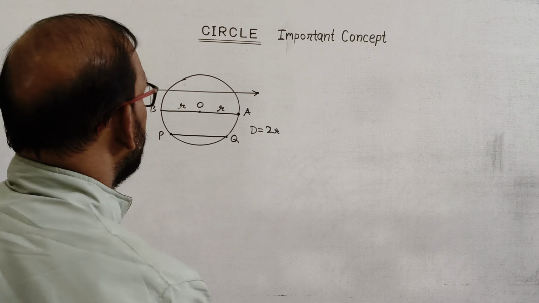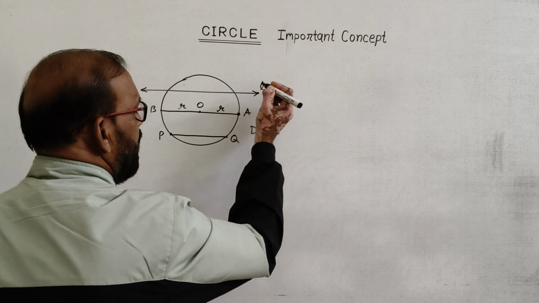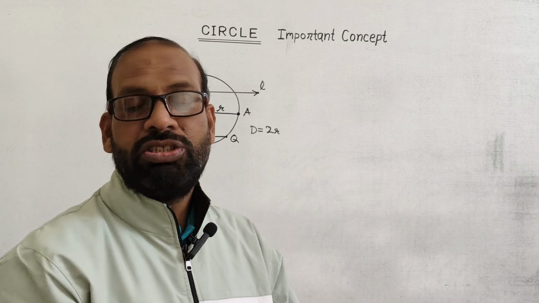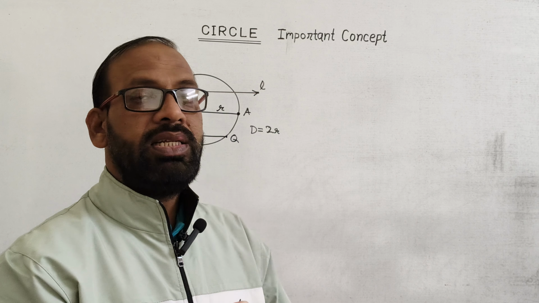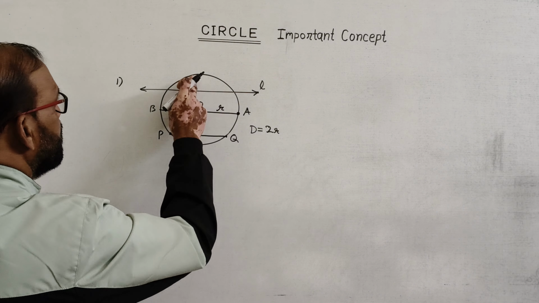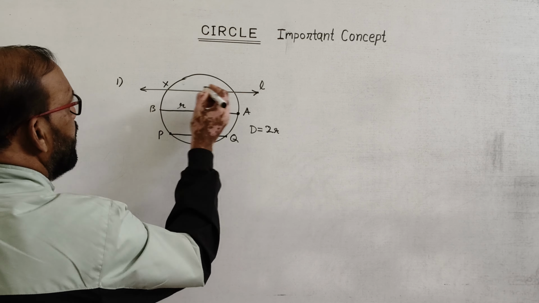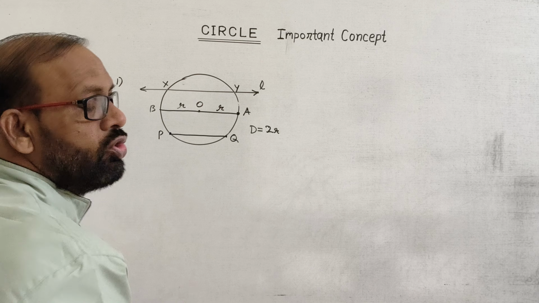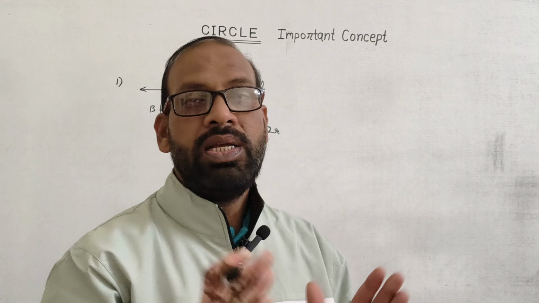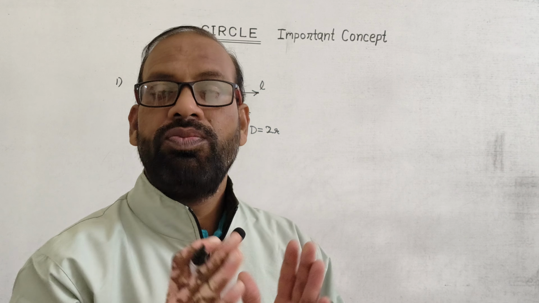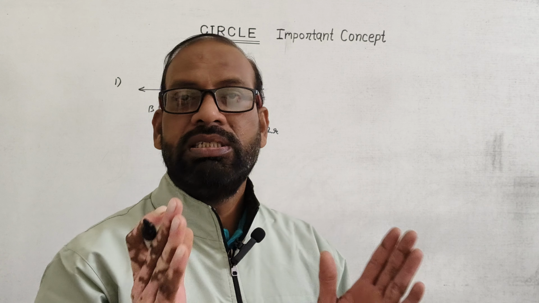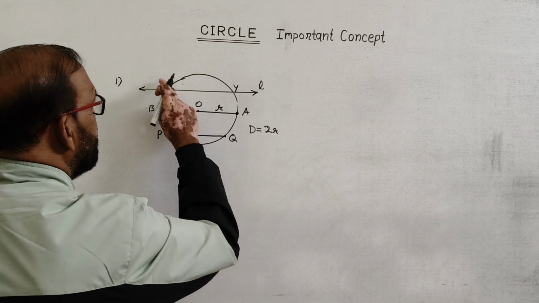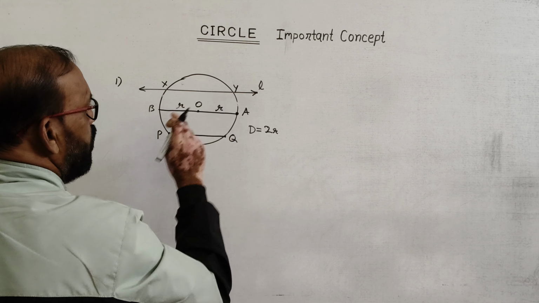Now suppose this line is represented by L, and this line is intersecting the circle at two distinct points, suppose X and Y. Only this distance XY is said to be the chord of a circle. This XY is one line segment, obtained when this line L intersects this circle at two distinct points.